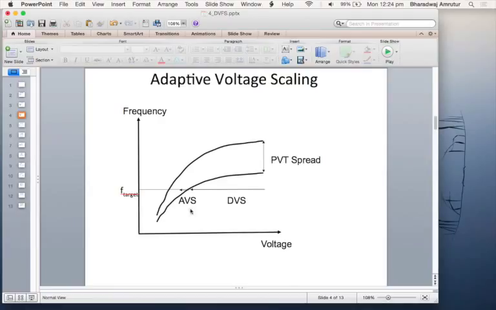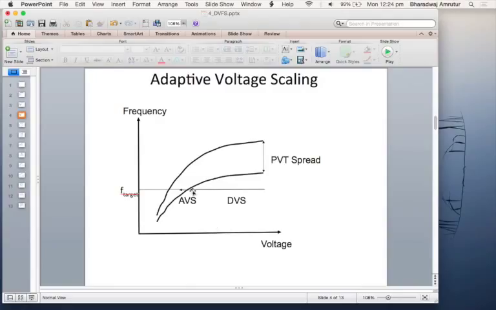So I get this much additional savings in power because I have scaled the voltage. This is called dynamic voltage scaling, because I'm also adjusting the voltage dynamically along with adjusting the frequency. So it's called dynamic voltage and frequency scaling, DVFS.